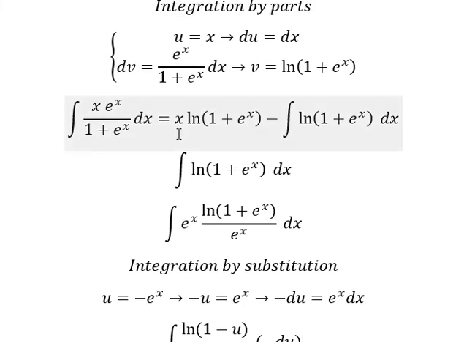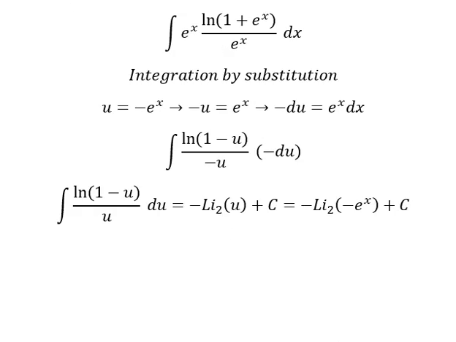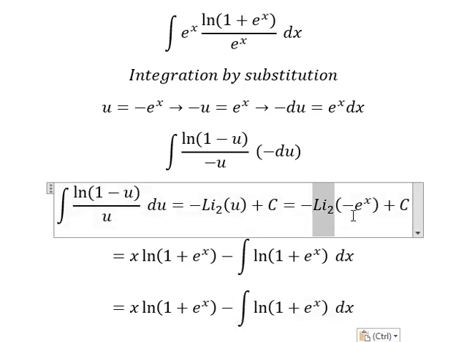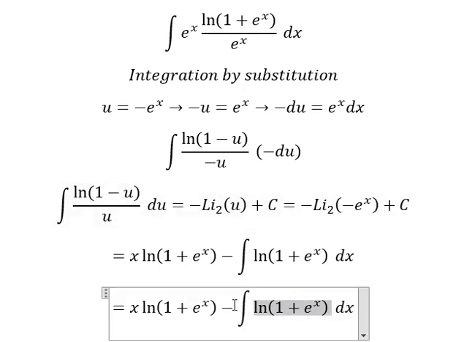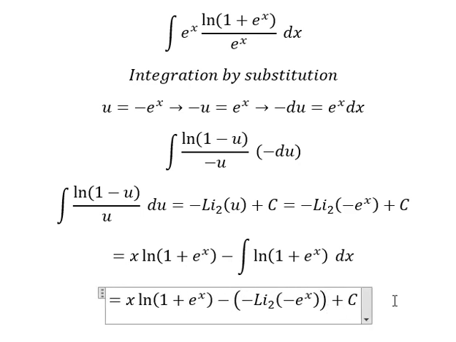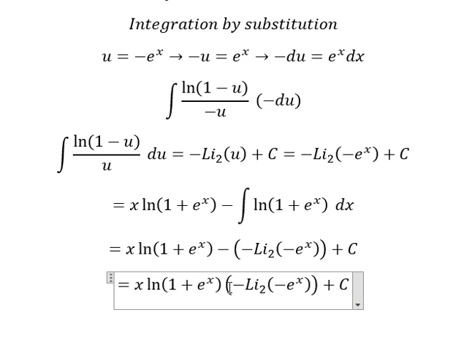So we go back in here. This one, that is this one. So I will put this one going here, and I will put C, that's the constant. Negative, negative, you get positive.